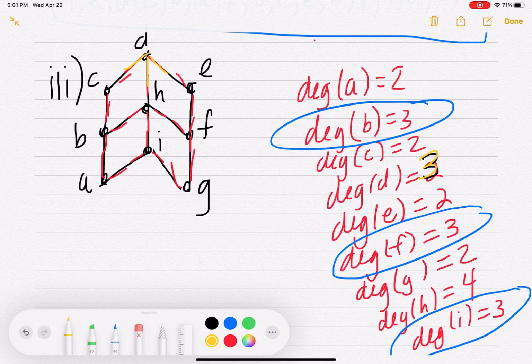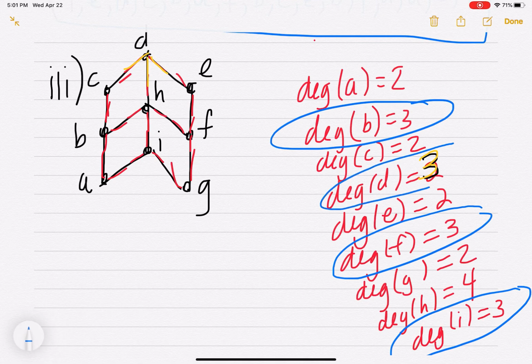You never have an odd number of odd degree vertices. You always have an even number of odd degree vertices. Odd degree vertices come in pairs. I had an odd number of odd degree vertices, so that was incorrect. Now that I have an even number of odd degree vertices, I know I'm okay.